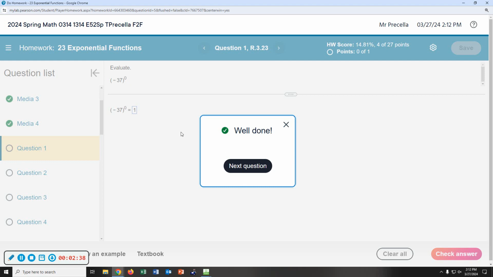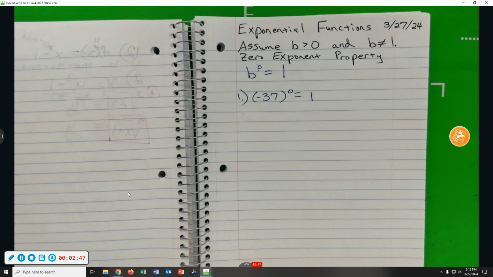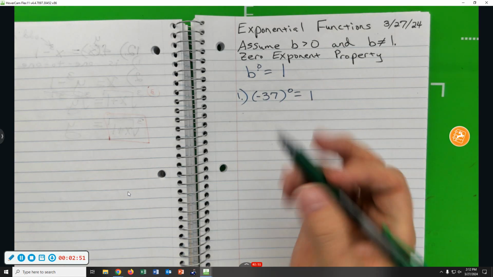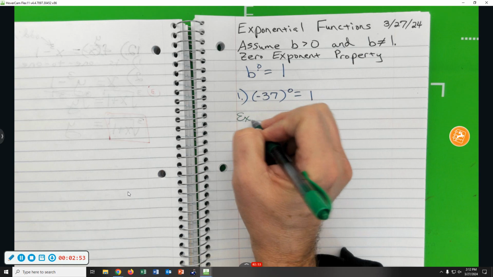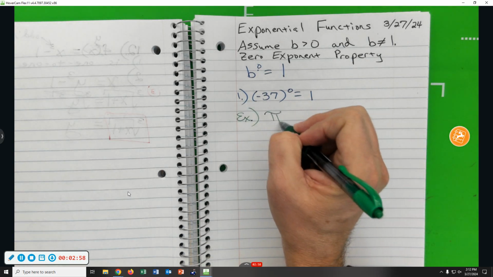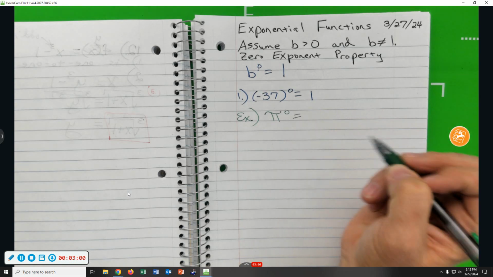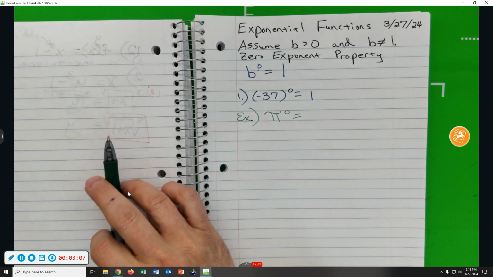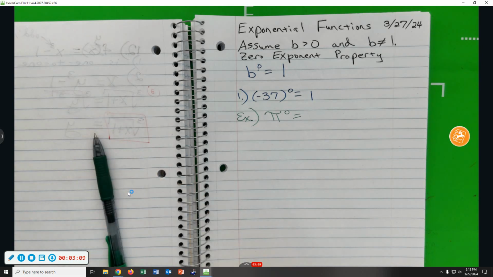Negative 37 to 0 is defined to be 1. Here's one I'm going to make up. Let's see what y'all say. Pi to the 0 power. What is that? About 3.14 to the 0? What will that equal? 1.